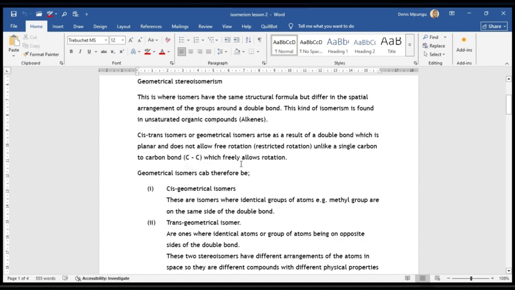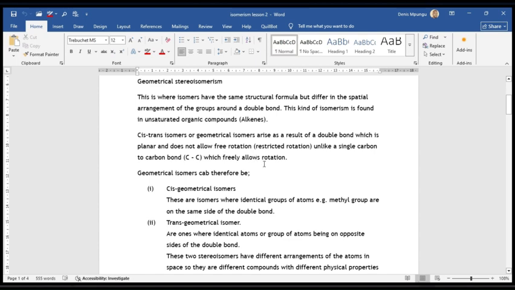But where there is an additional bond we call a pi bond, like in alkenes, this restricts free rotation. So these carbons cannot freely rotate around. There is restricted rotation, and that's why it is found in unsaturated organic compounds like alkenes.